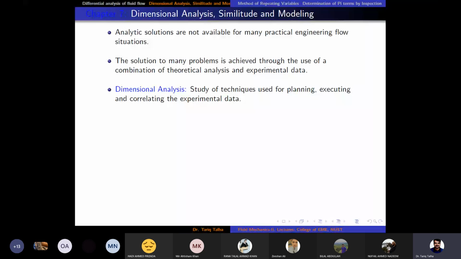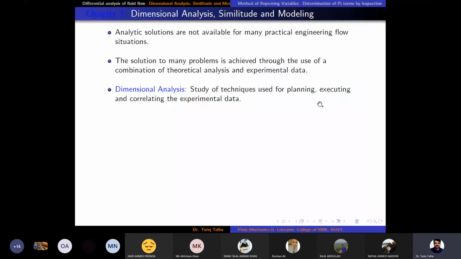Dimensional analysis is chapter 7 of your book. That is the study of techniques used for planning: how to identify the critical, independent parameters we need to consider in the experiment, how to execute that experiment, and then how to correlate the experimental data.